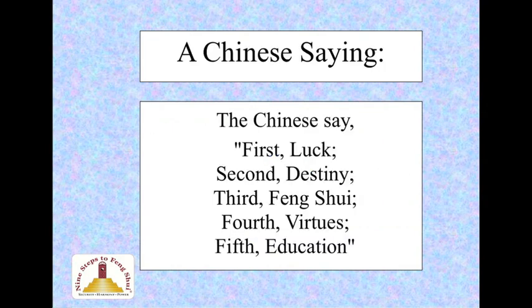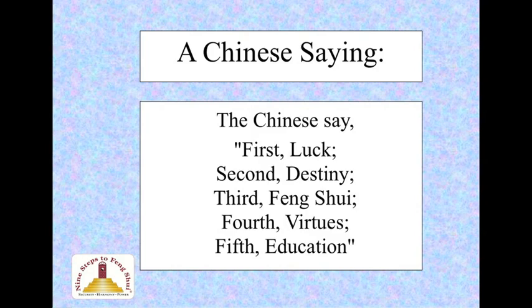Now we're going to look at a popular Chinese saying, and it's very interesting because you will find different versions of the same saying. For example, in some versions you will see that it says first destiny, second luck, third Feng Shui, fourth virtues, fifth education. So in some versions you will find that luck is considered to be first and destiny second. In other versions you will find that destiny is first and luck is second.